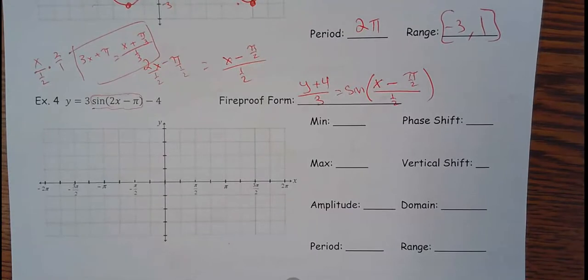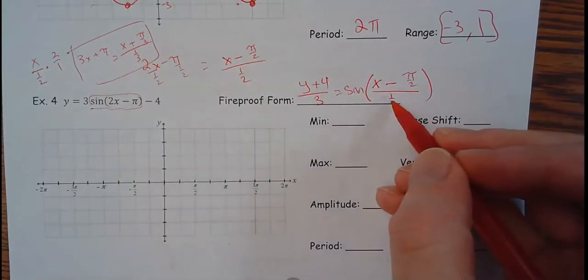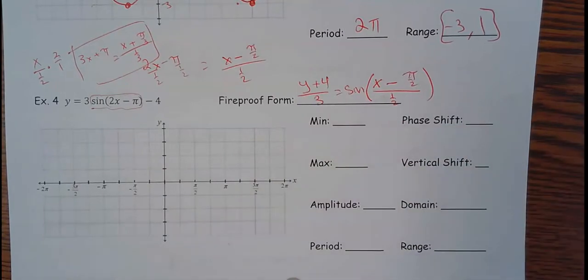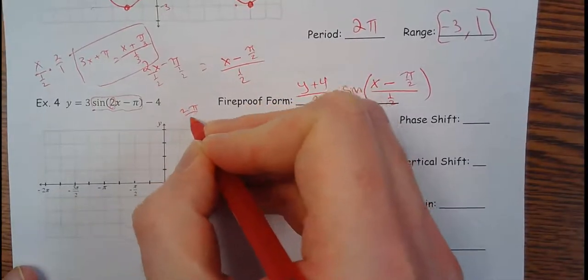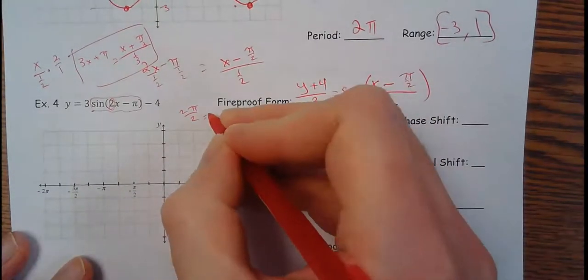And all that does is, when this is a half, this is horizontally a shrink now. A 1/2 means the period is basically 1/2 of what it was before, which means if it was 2 pi, it's now pi. If you remember from the first day, we said whatever this number is, that's your b. If you took 2 pi divided by 2, that's your new period.